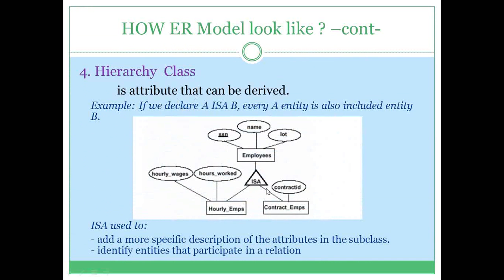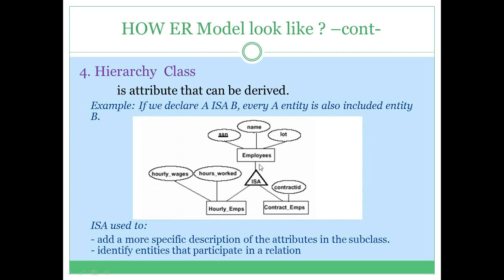As the example, employees are hourly emps and contract emps. So not every employee can be both, an employee can be hourly emps or contract emps. It is used to add a more specific description of the attributes in the subclass and identify entities that participate in a relation.